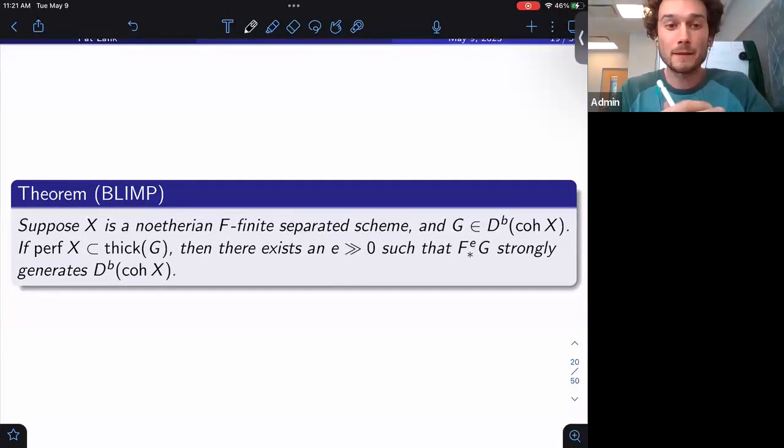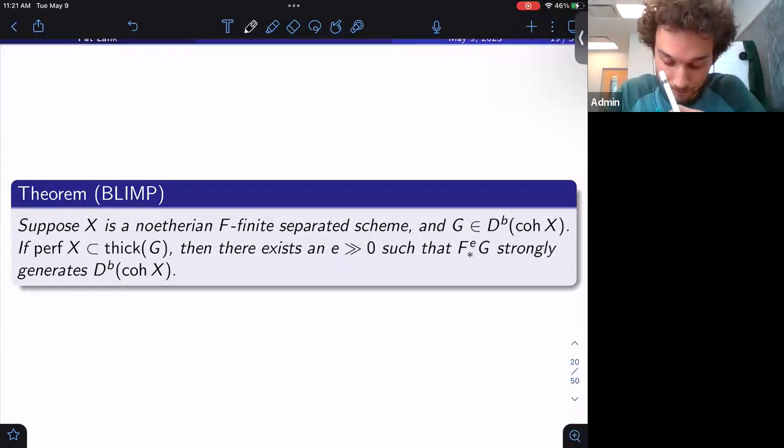Okay, so the main result of our work is we can say something about strong generators in the context of prime characteristic. So if I have a noetherian F-finite separated scheme, and if I have any bounded complex with coherent cohomology, G, and if G generates all perfect complexes, then I can push forward G sufficiently many times to obtain a strong generator.